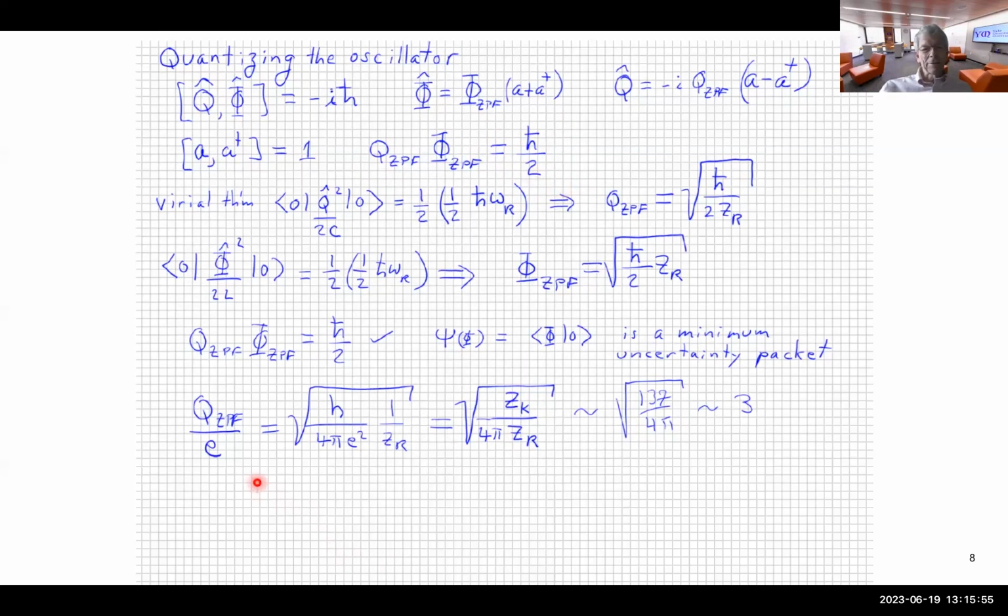If you actually calculate the typical charge uncertainty in units of single electrons, although we'll be dealing with Cooper pairs mostly, you get roughly the von Klitzing impedance divided by 4 pi times the characteristic impedance. So you get the inverse of the fine structure constant over 4 pi, which is of order 3. It's a few.